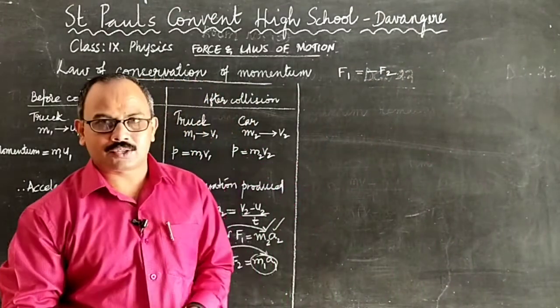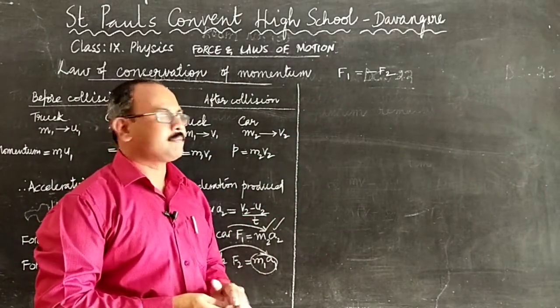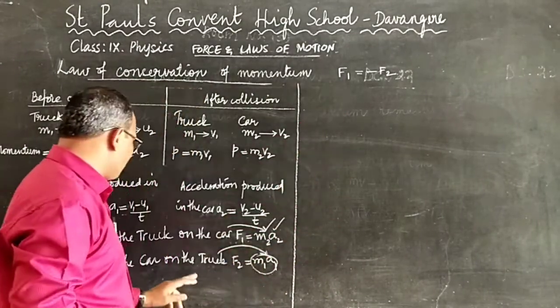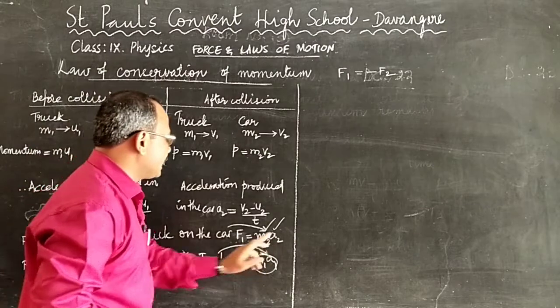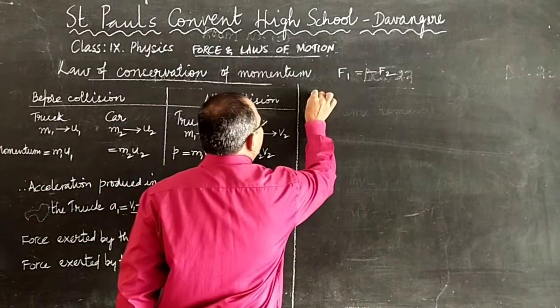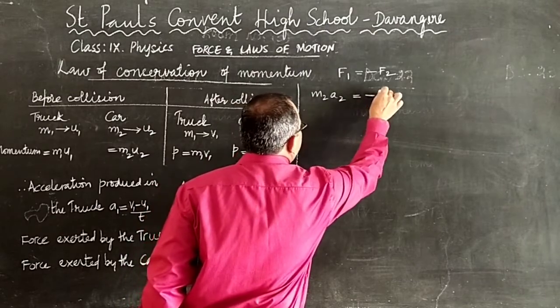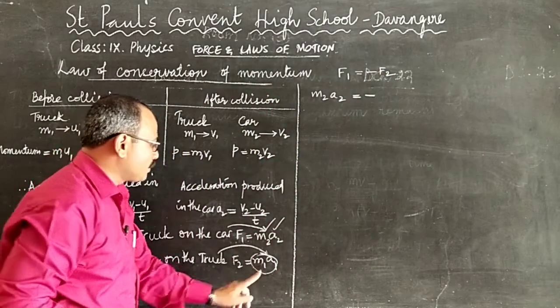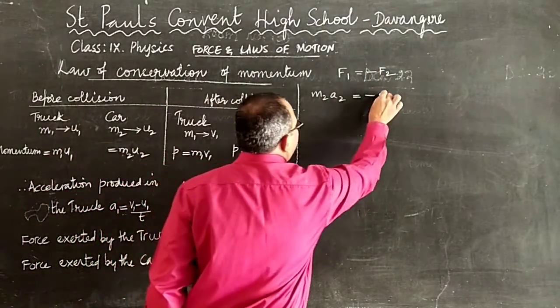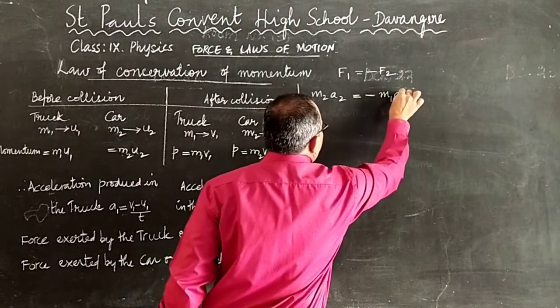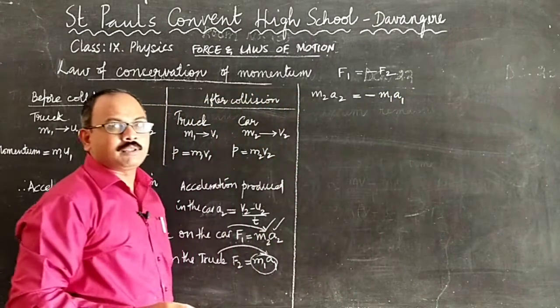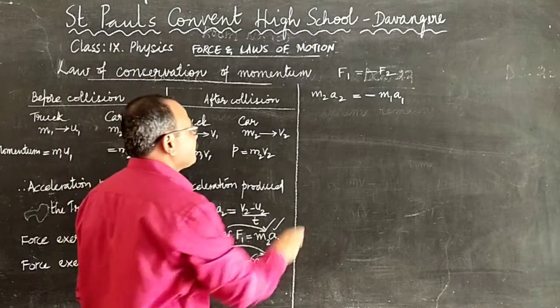Equal and opposite reaction, therefore minus. What is this F1? This is m2 into a2. So m2 into a2 is equal to minus F2, which is m1 into a1. Now the substitution part, children.